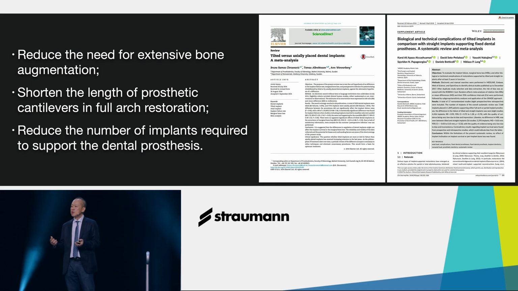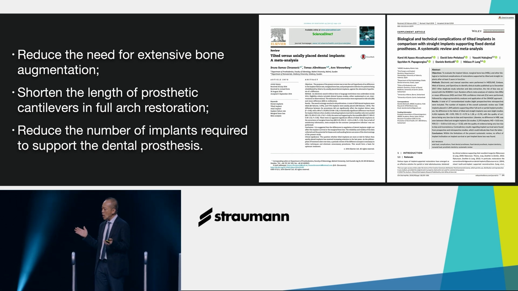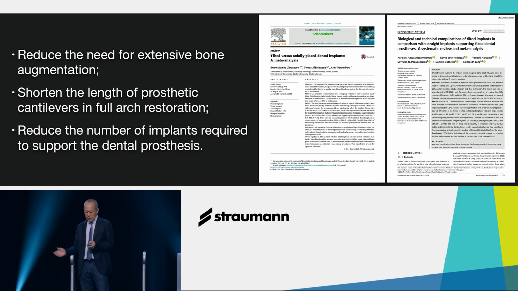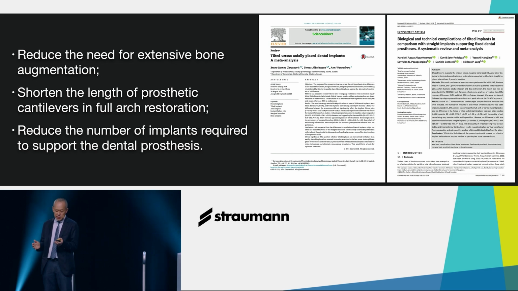And also, we can reduce the number of implants required to support the full arch restoration. And these two studies also highlight that axial implants and inclined implants share similar survival rates in the long term.